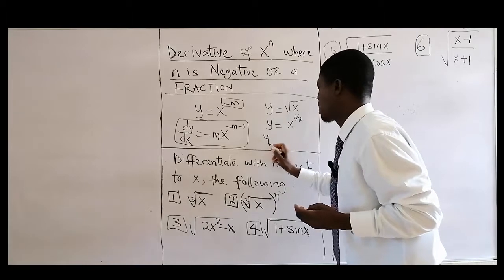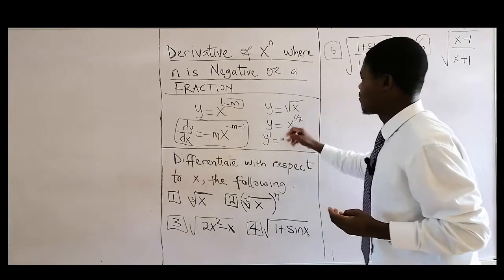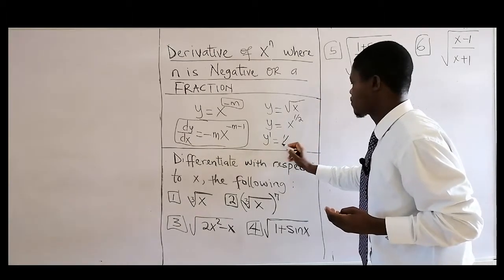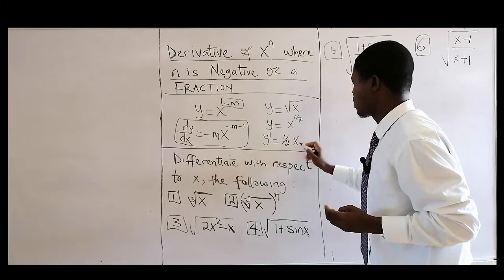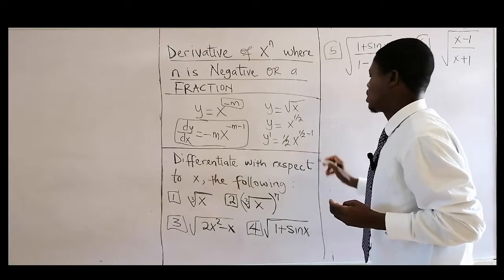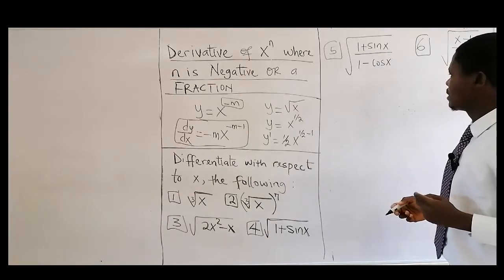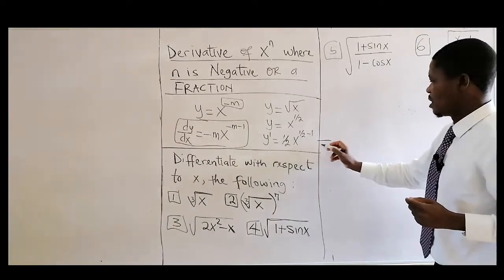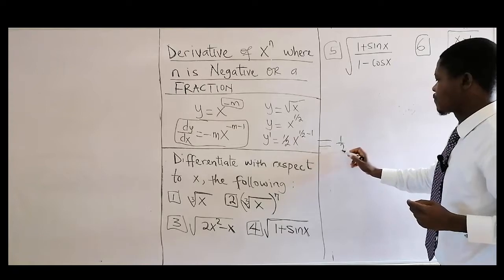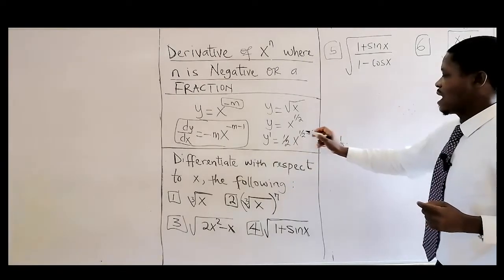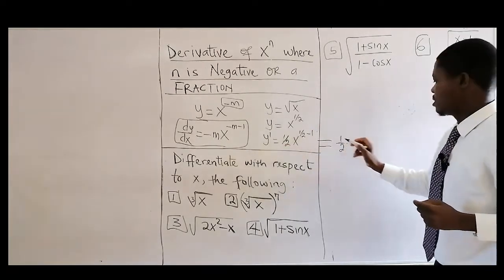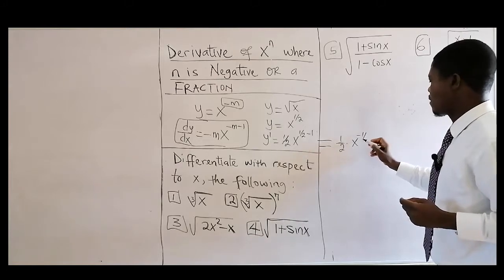Your differential coefficient will be equal to what? The half will go to the front, and then the function x to power half minus 1. So, with this now, you're going to have half times half minus 1. That will be x to power minus half.